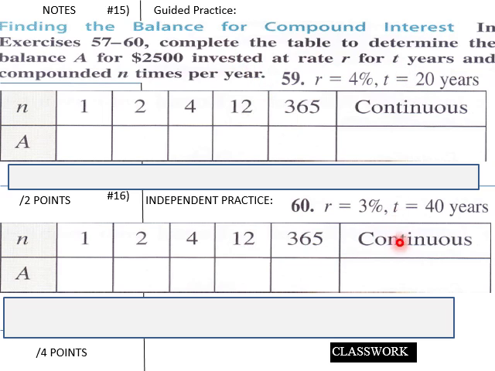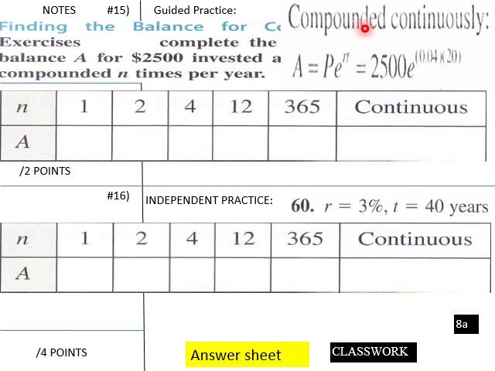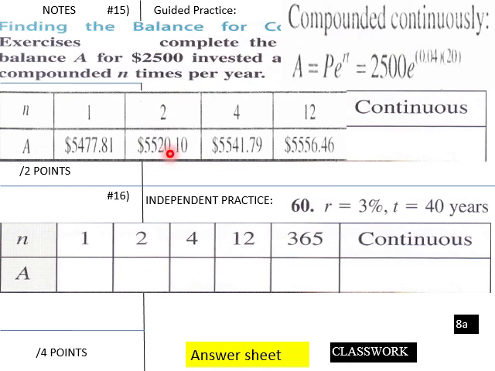And then down here we have 3% for 40 years. So let's see what the 20-year would look like here. Compounded continuously, this is our formula here for 4% for 20 years. And this is what it would look like here.